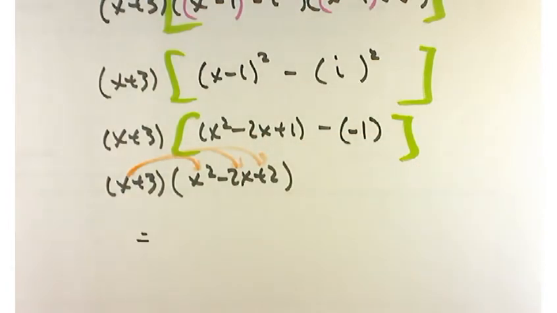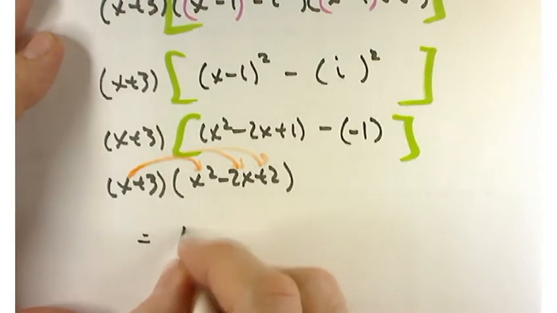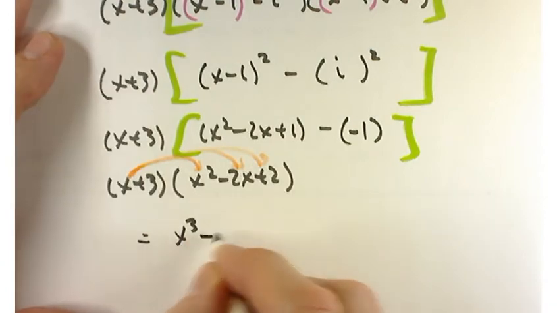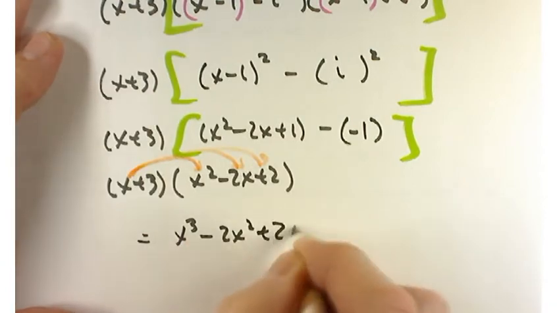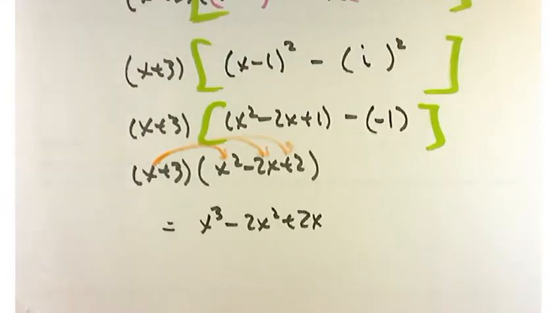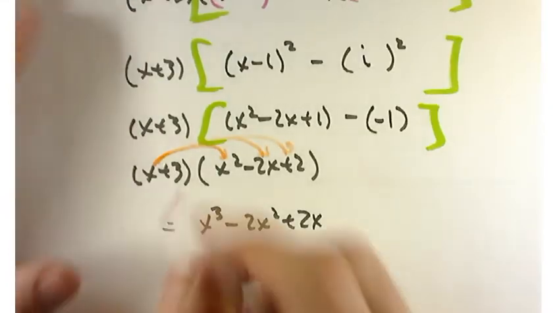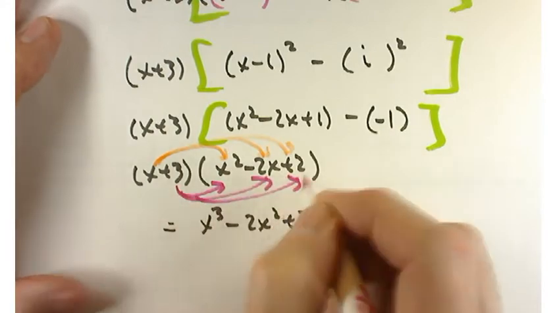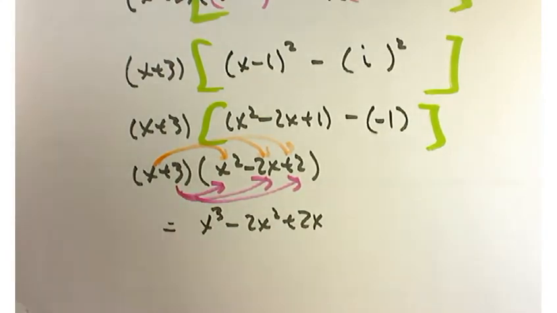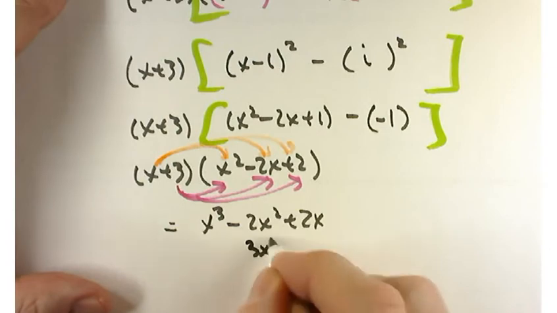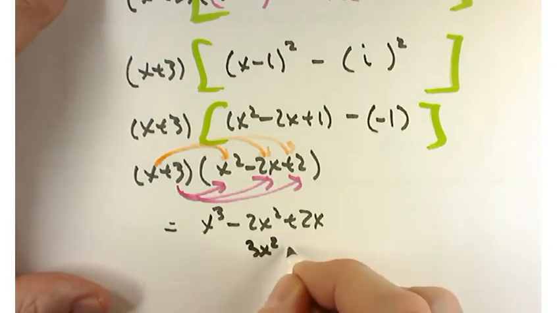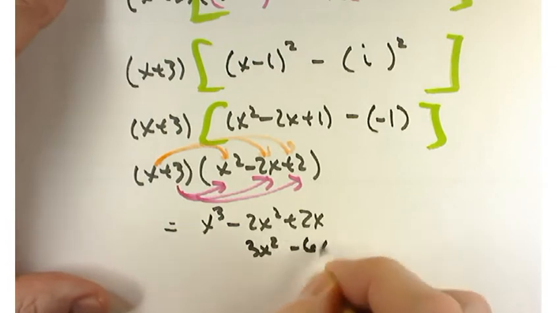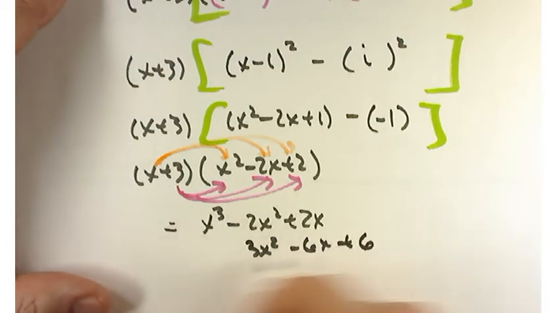And that's going to give me x cubed minus 2x squared plus 2x. And then I've also got to distribute the, not the y, but the 3 here. So it's going to be 3x squared minus 6x plus 6.